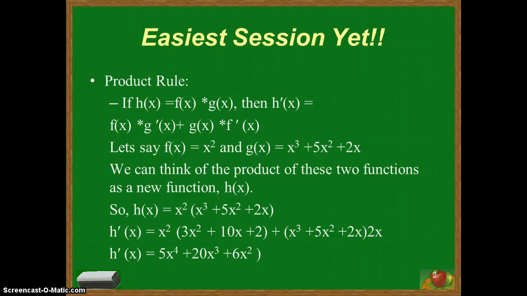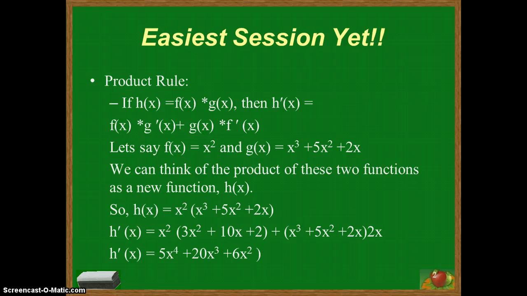Let's say that f of x equals x squared and g of x equals x cubed plus 5x squared plus 2x. We can think of the product of these two functions as a new function, h of x. So h of x would be x squared times the quantity x cubed plus 5x squared plus 2x.